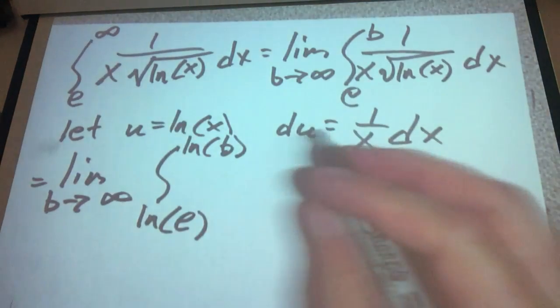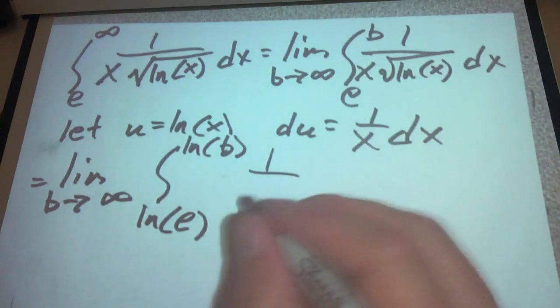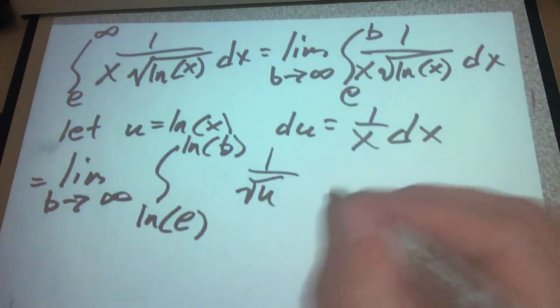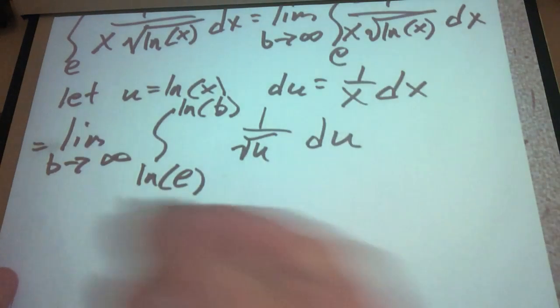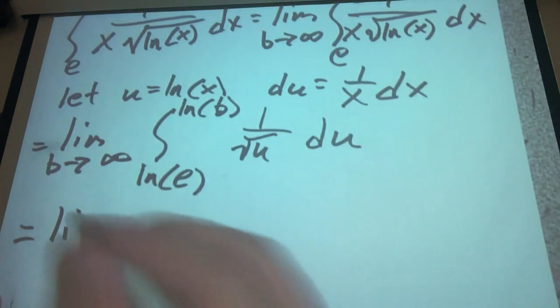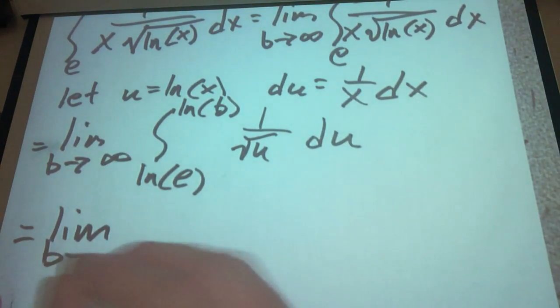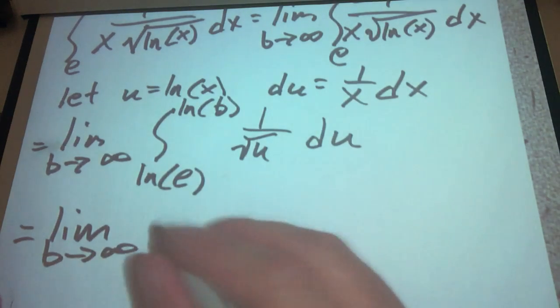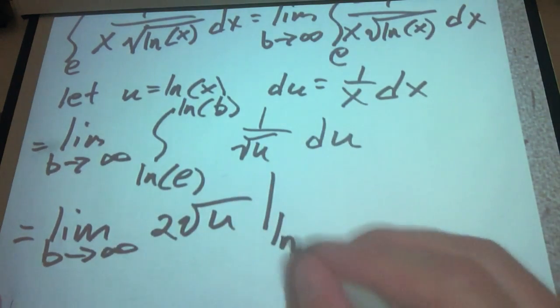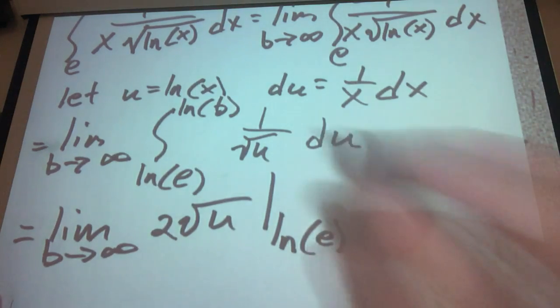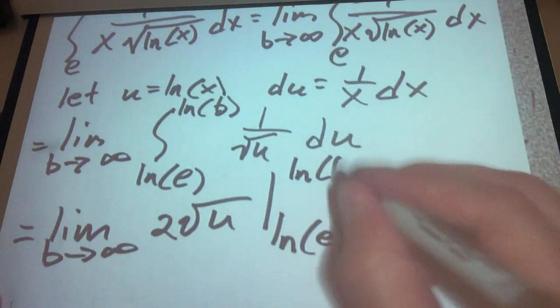And this would become 1 divided by the square root of u du. And so that's going to equal the limit as b tends towards infinity of 2, now root u, evaluated at the natural log of e and the natural log of b.